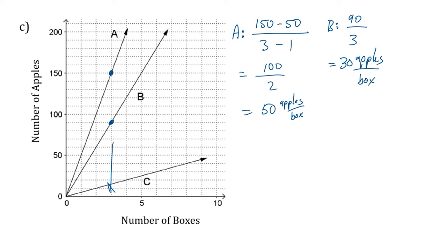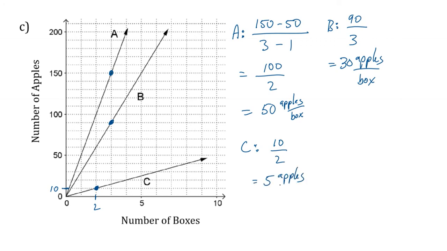And for C, how about we make our life easy and we just use the first point that we can come across. That's 10 and that's 2. So that's 10 in 2, which is 5 apples per box.